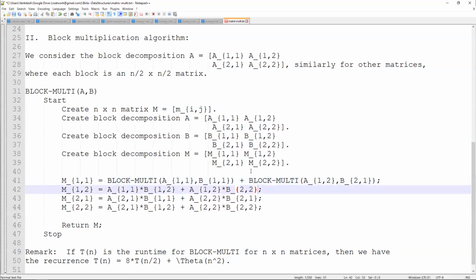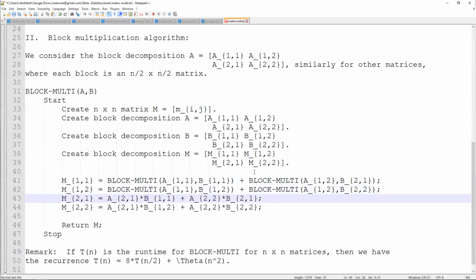Okay. So now can I repeat this everywhere? Yeah, I can repeat this. I am supposed to repeat this. Block multi. Okay.